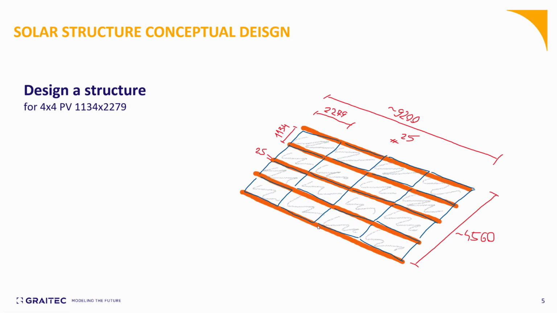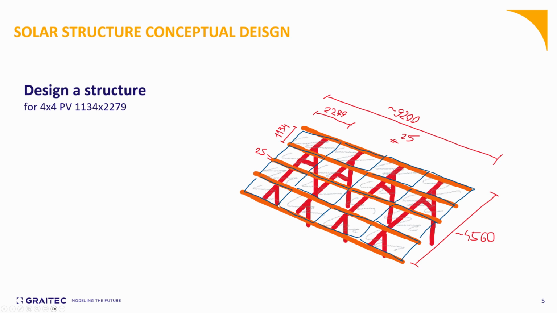Then here you see our purlins, which are going to be directly supporting our panels. After that, you have the rafters, which are supporting the purlins and the panels using 2 columns and also a bracing system. In total, you see the spans here, and we will assume that we also have some overhangs on 2 sides.